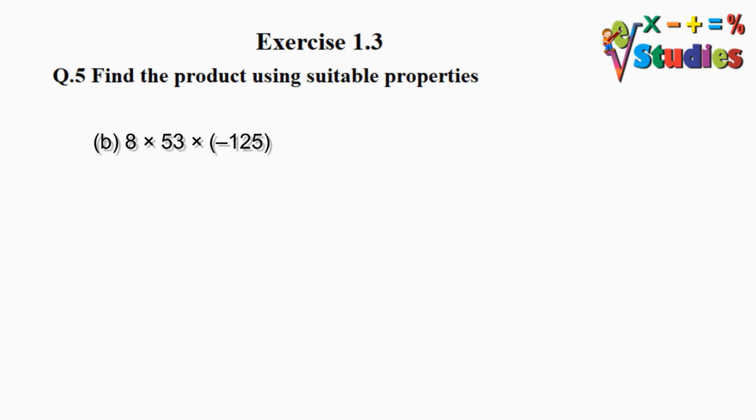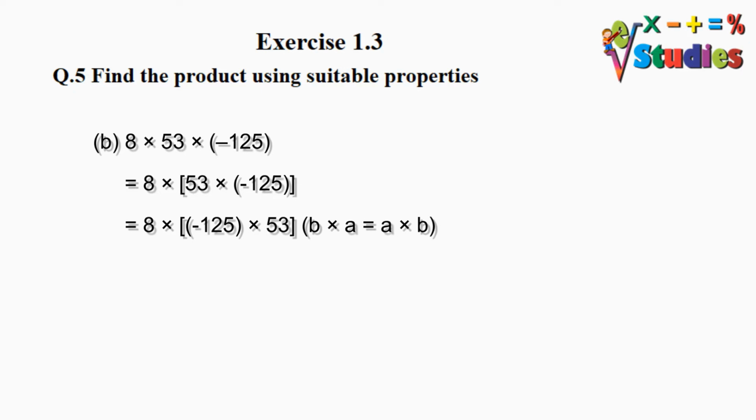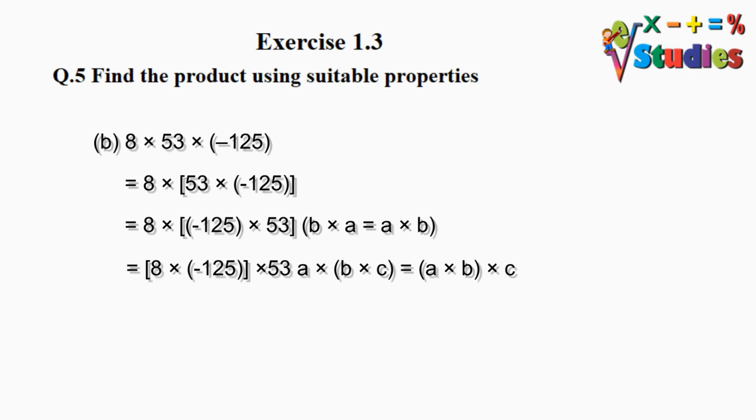Now looking at question number 5b, we have 8 multiplied by 53 multiplied by negative 125. Here we have three numbers to multiply, and we have to identify whether multiplying any two numbers can land us a number like 100, 10, 1000 or 10,000. If we can identify that here, we can multiply 8 and negative 125.